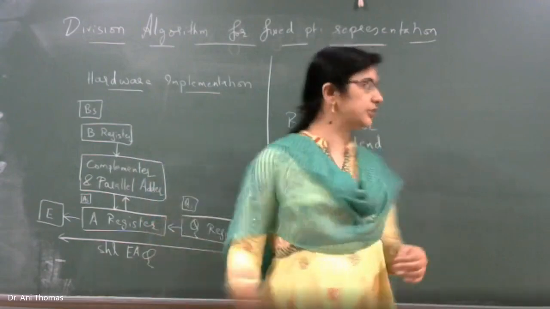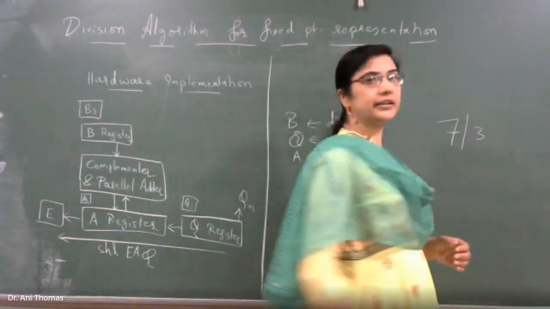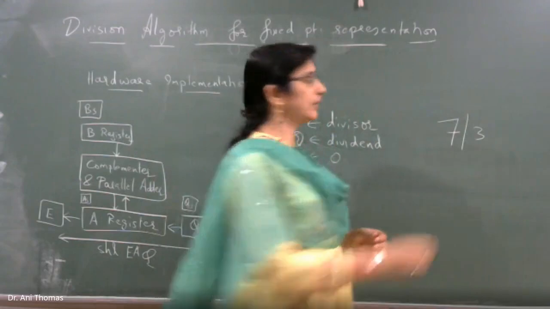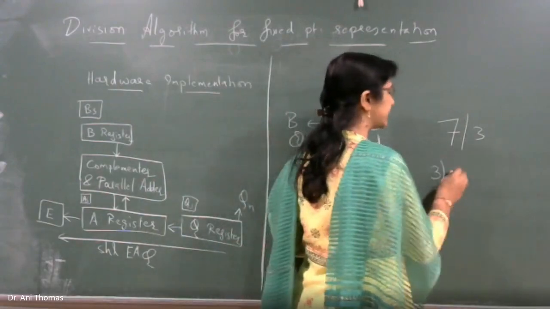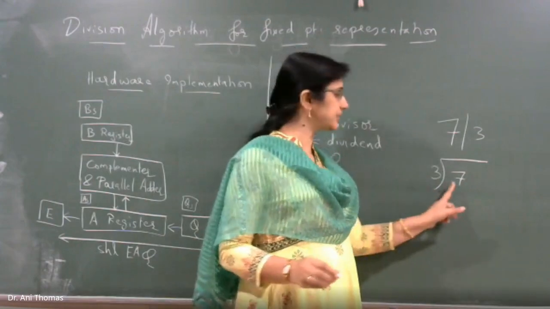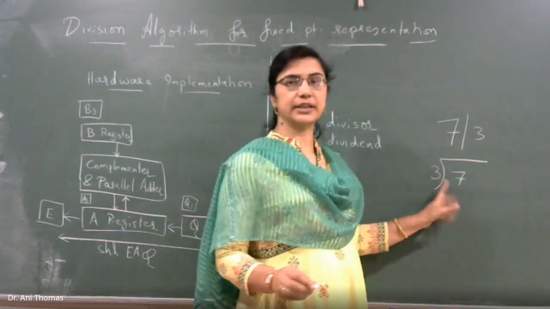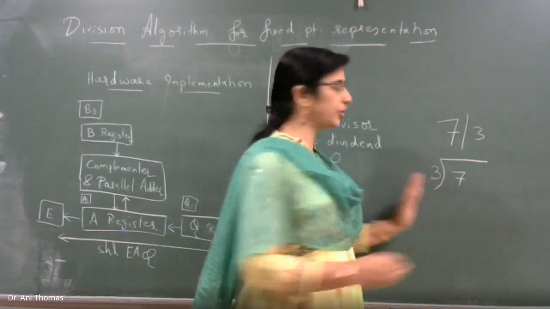In the case of division, suppose we are dividing 7 by 3. What do we do? If this number is greater than 3, we can divide it using some number from 0 to 9.